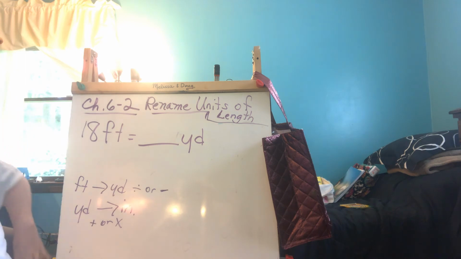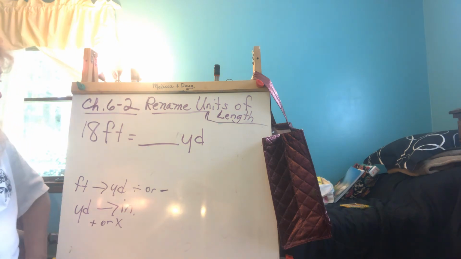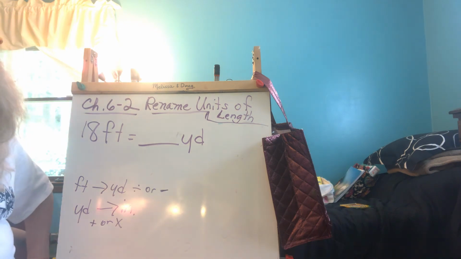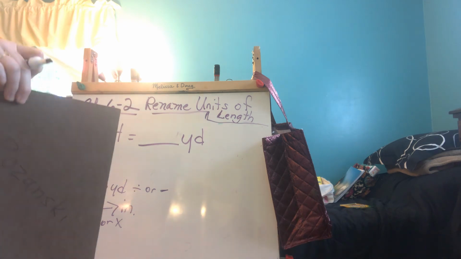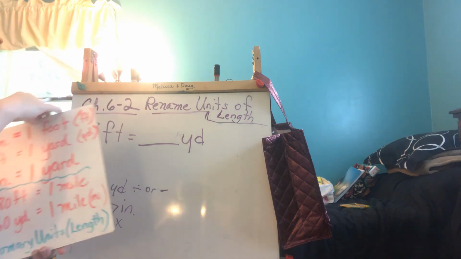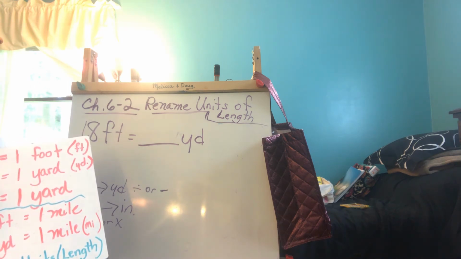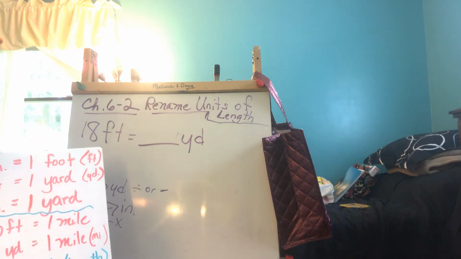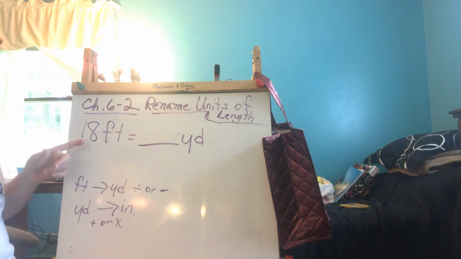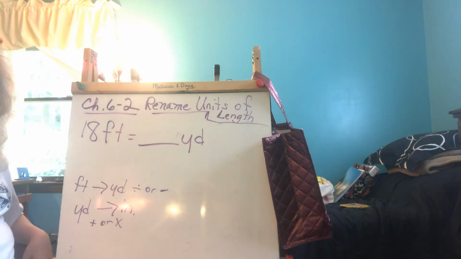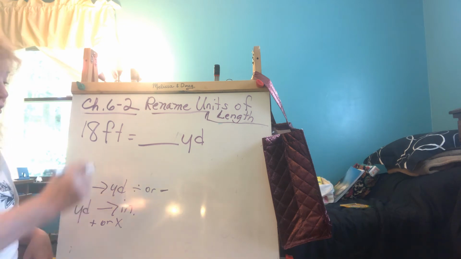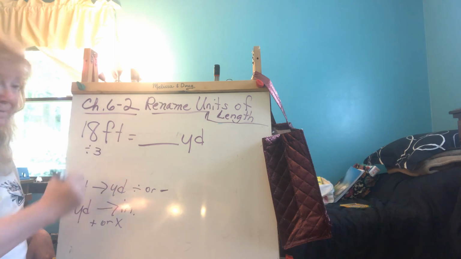So, let's see how we're going to do this. If you look on your chart, it will tell you that 1 yard equals 3 feet. So what do you suppose we're going to divide our feet by to get a number of yards? Hopefully you said we're going to divide by 3.